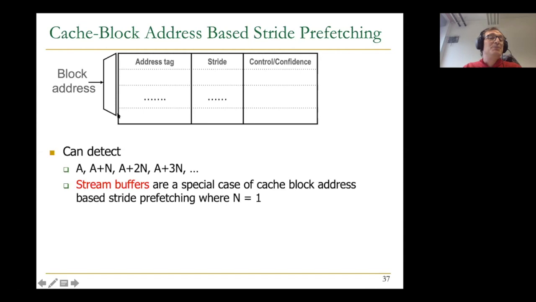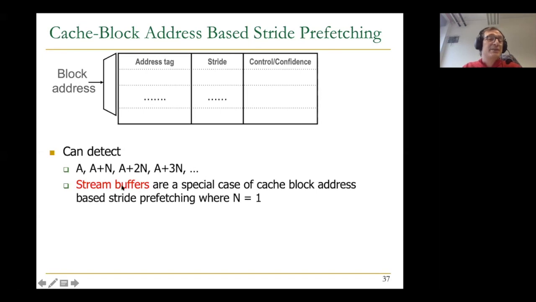If you get B, B plus M, B plus 2M, B plus 3M, that could be detected by another address tag, because B clearly doesn't match A, right? That's the idea. So you can form the table based on the program counter or block address that you see. And you can still have confidence, meaning how many times you've seen an N stride given an address tag A, etc.